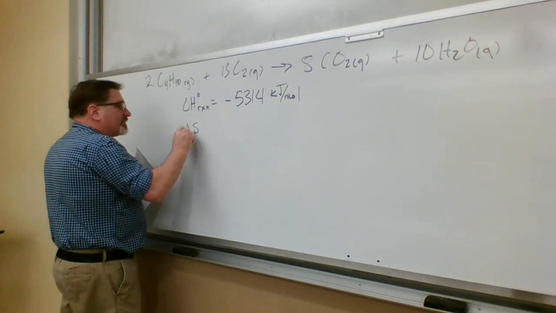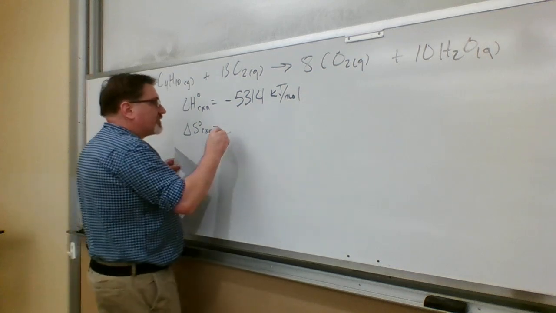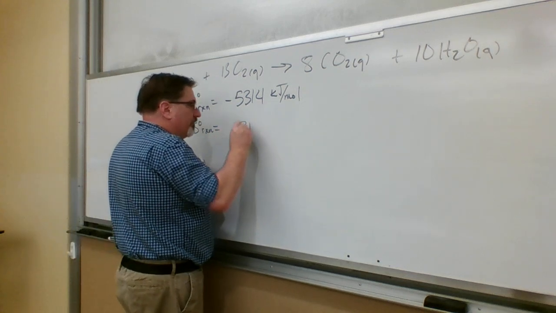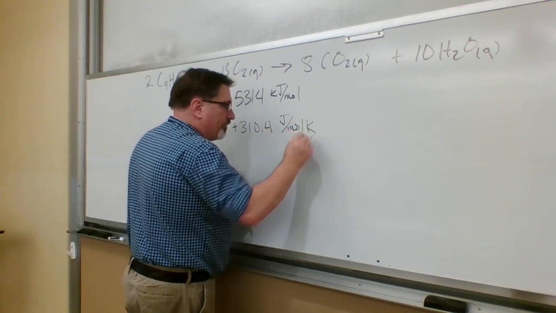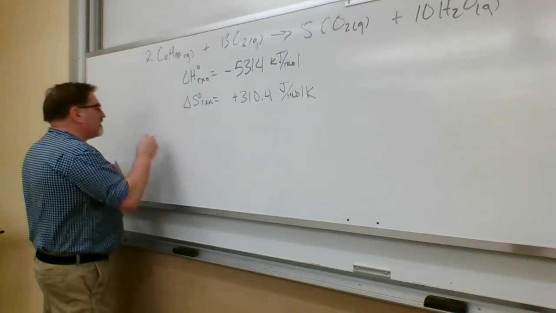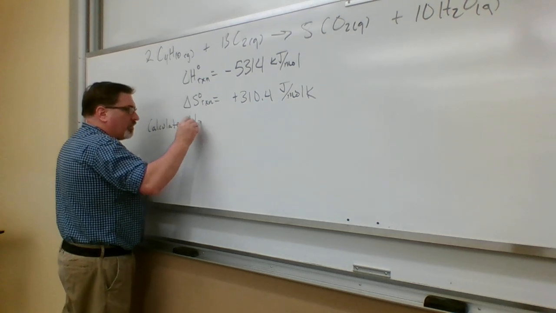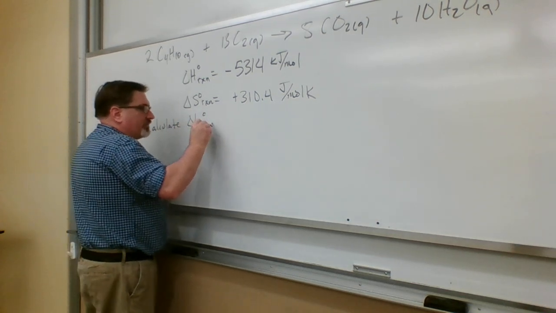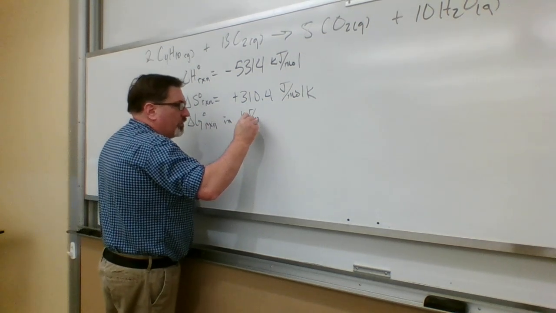And delta S for our reaction, we calculated this to be plus 310.4 joules per mole Kelvin. So our job here is to calculate delta G for the reaction in kilojoules per mole.